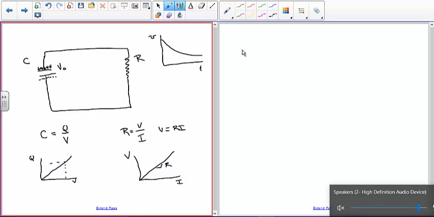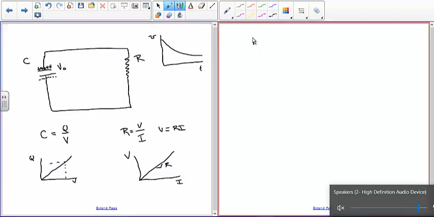Now we haven't covered this yet in physics, but the current through a wire is equal to the derivative of the charge with respect to time.